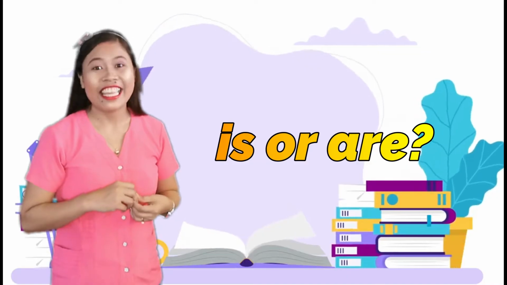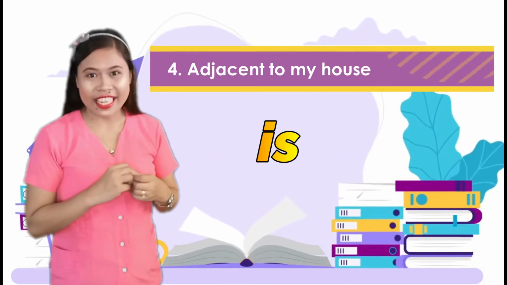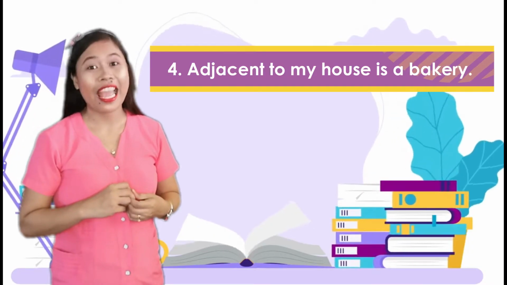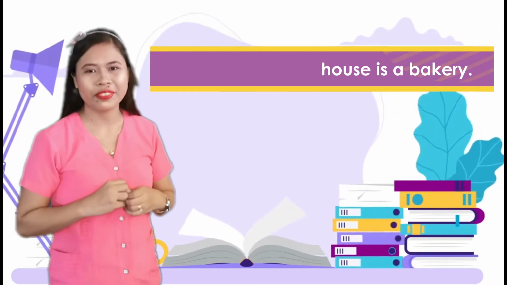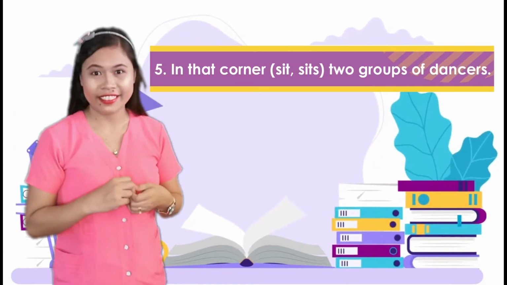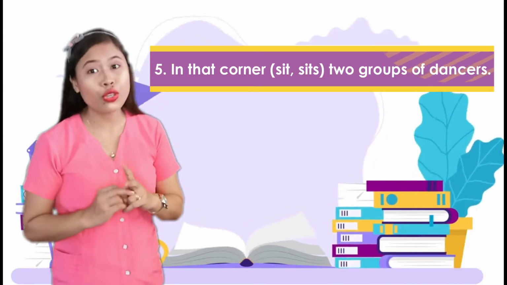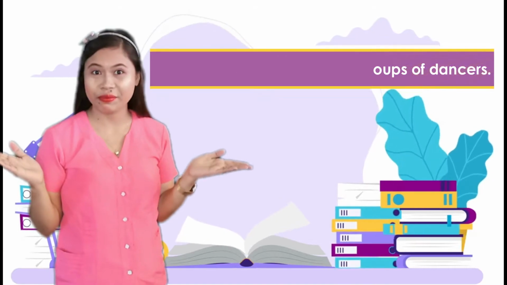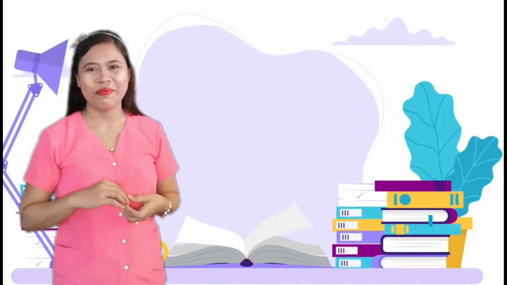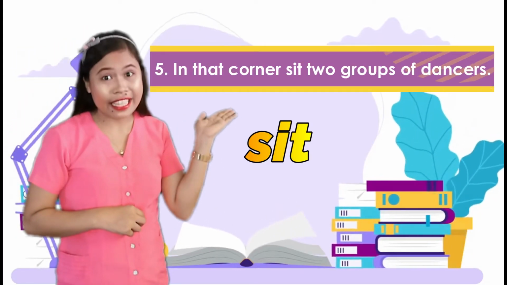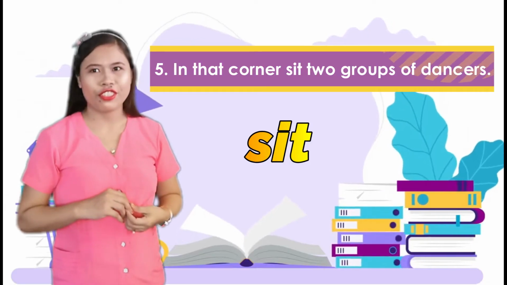Good thinking. Is. Adjacent to my house is a bakery. The last number. In that corner sits 2 groups of dancers. What's the answer? Awesome. Sit. In that corner sit 2 groups of dancers.